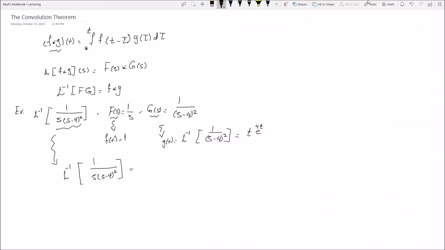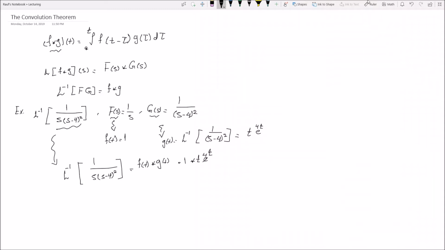Okay, in this case we can say it is f of t multiplied by g of t, which is 1 multiplied by t e to the power of 4t.